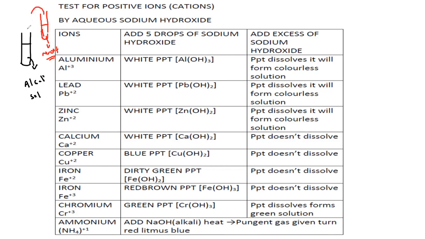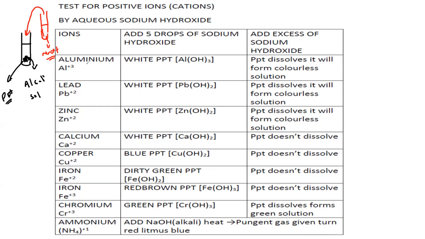But when we add a small quantity, 5 drops, of sodium hydroxide to the aluminum salt solution, we will see a solid is formed. This solid which starts to form is known as PPT, or precipitate.